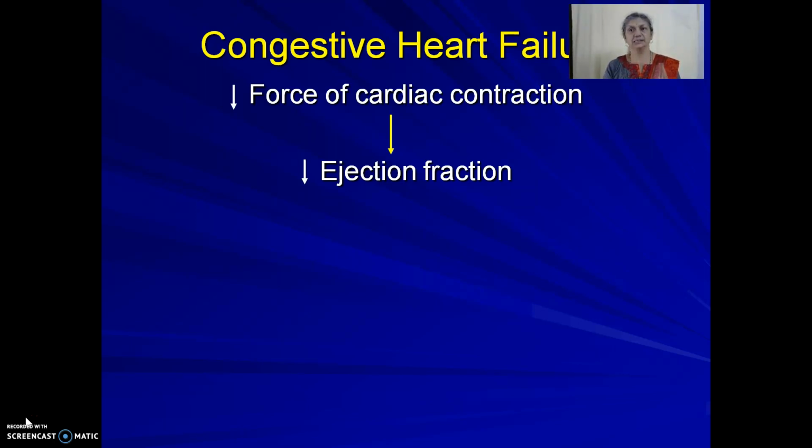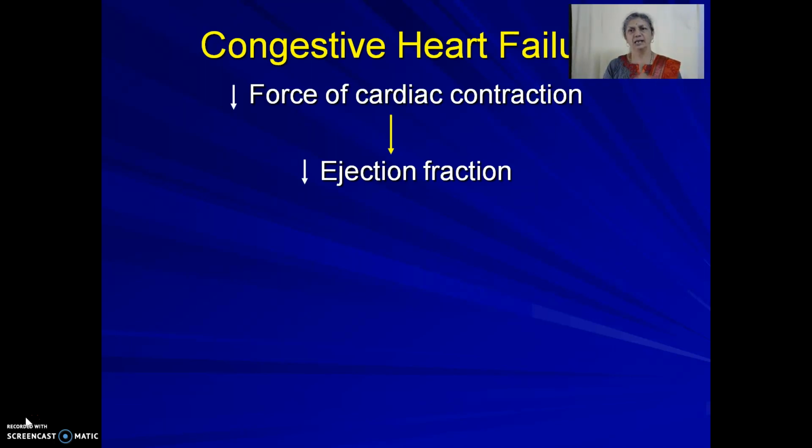The right side of the heart is receiving blood from the systemic circulation, and therefore there would be systemic congestion, which could manifest as venous engorgement, because this systemic blood is not able to pour into the myocardium. Similarly, if there was left-sided failure, if the left ventricle were not pumping out effectively, where would the congestion be? Where is it that the blood is coming back to the left side of the heart from? It is from the lungs.